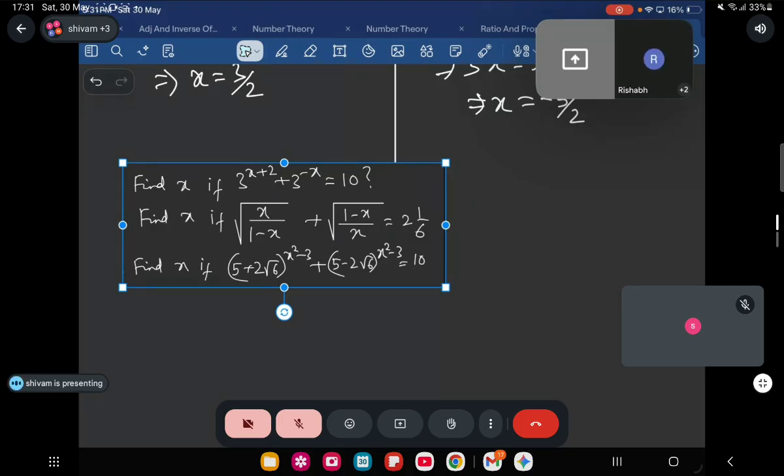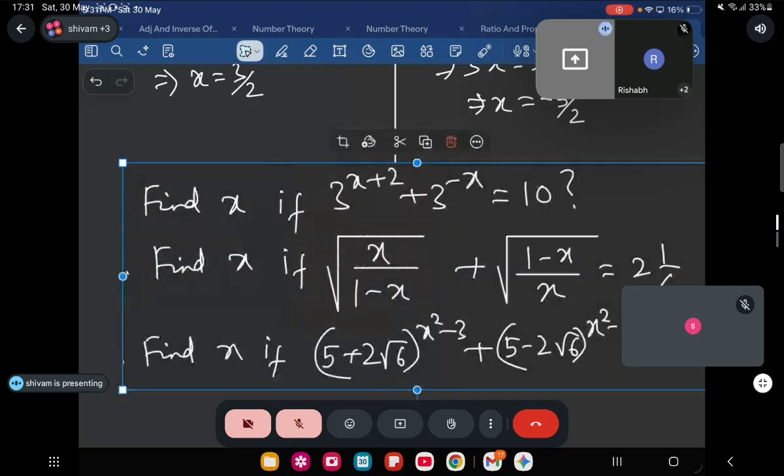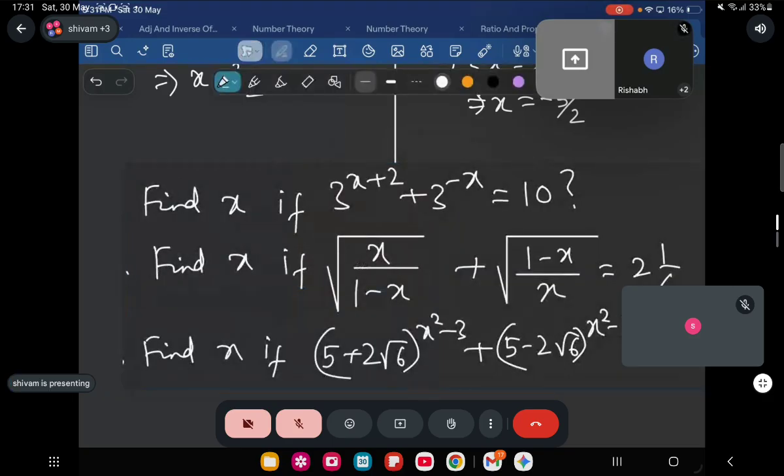Okay. Question numbers 4, 5, and 6. Solve.